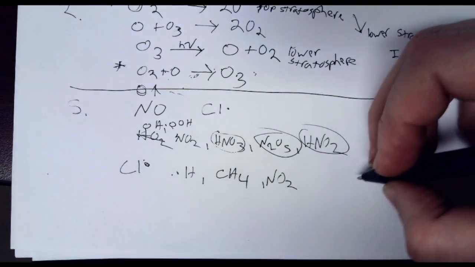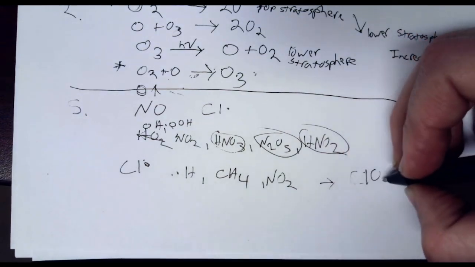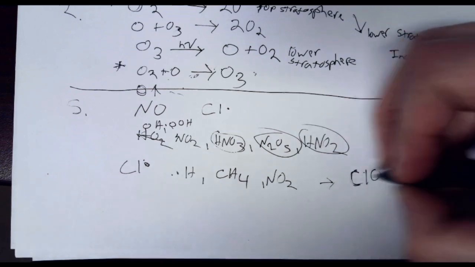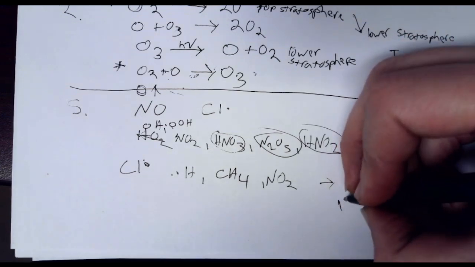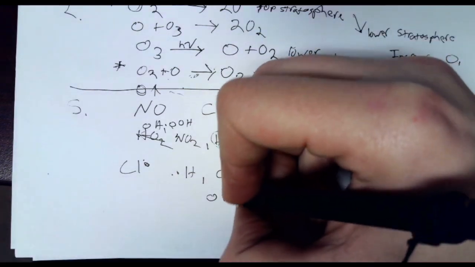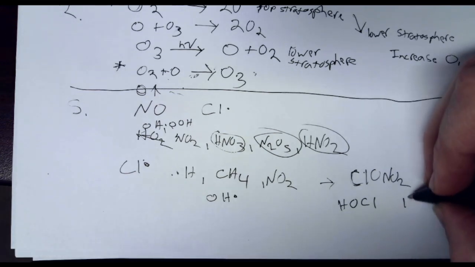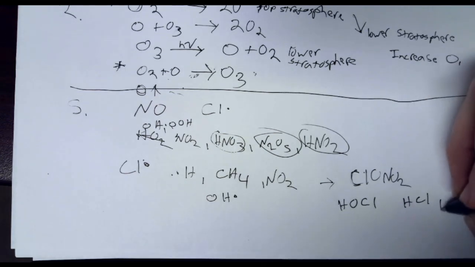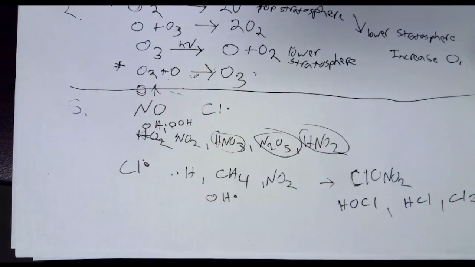So we can form such things as ClONO2, get rained out. We can form and oxidize HOCl, so you can probably have some OH radicals as well. You can form HCl, and you can even form some Cl2. A lot of these can be rained out.